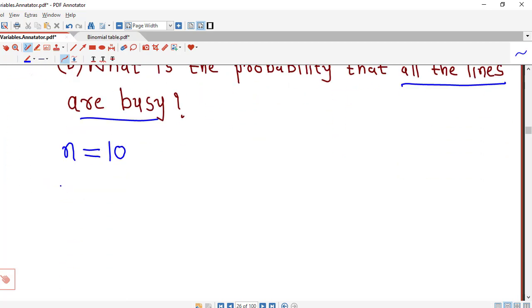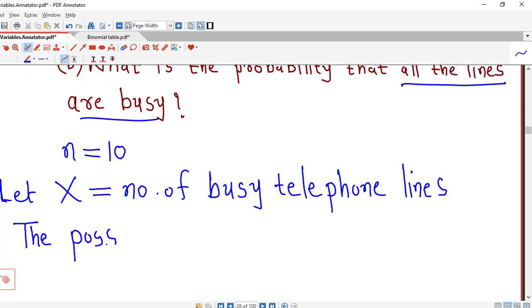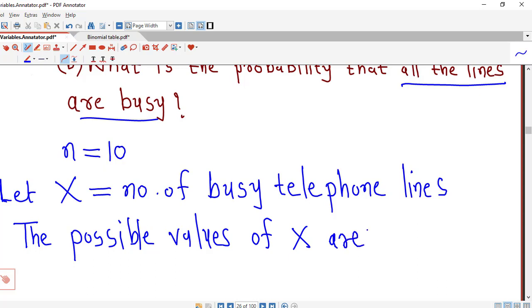So if we consider random variable X equal to the number of busy telephone lines, the possible values of this random variable capital X are small x equal to 0, 1, 2 up to 10.